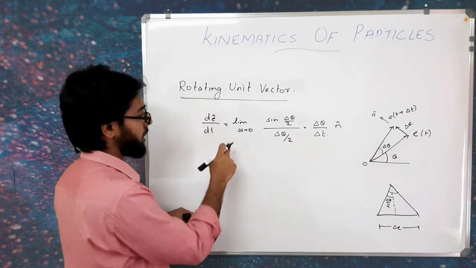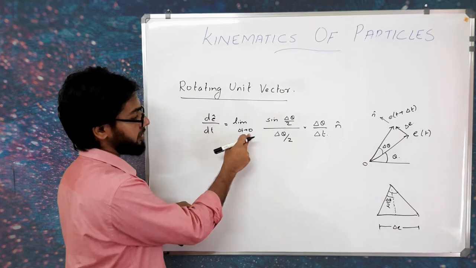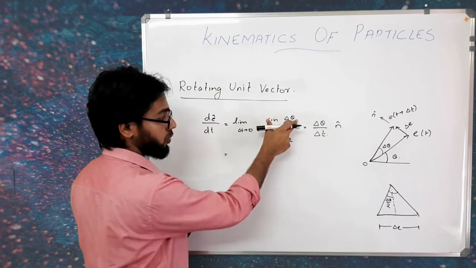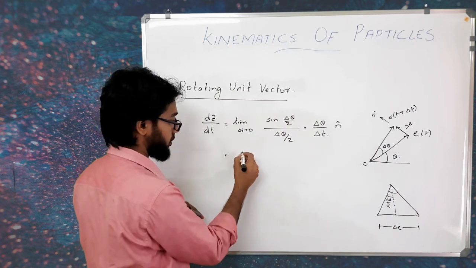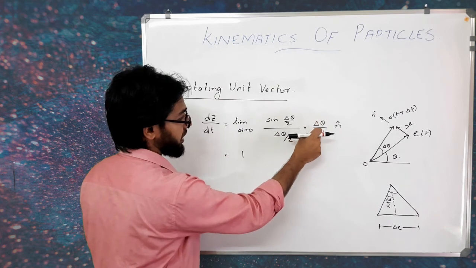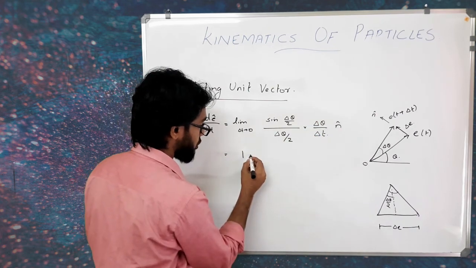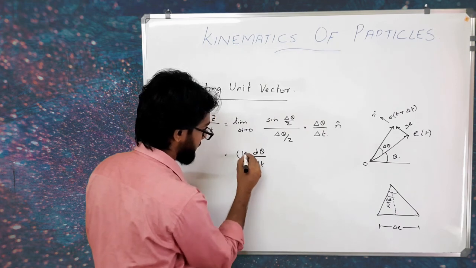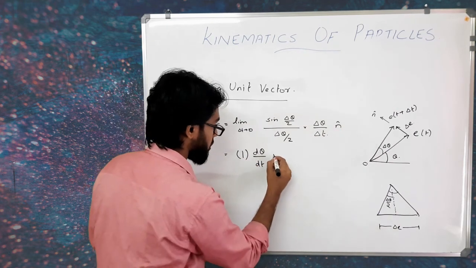Now as you know, the limit as Δt tends to 0 of sin(Δθ/2) by Δθ/2 turns out to be 1. The limit of Δθ by Δt will be equal to dθ/dt, into n cap.